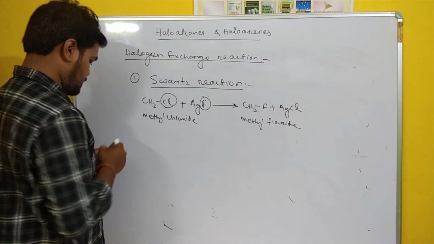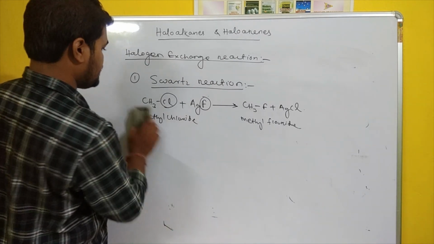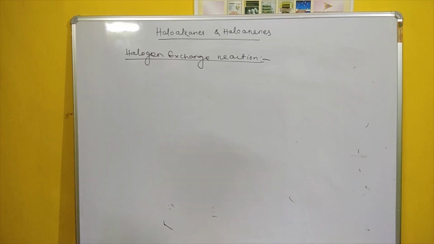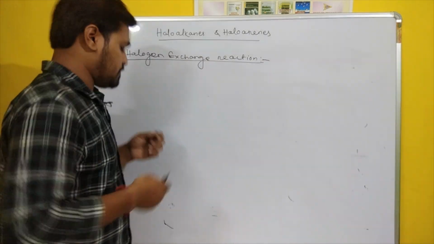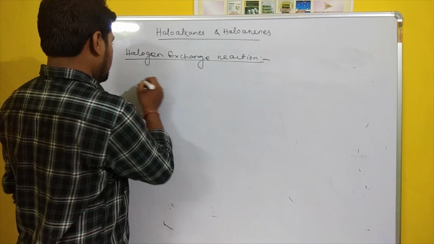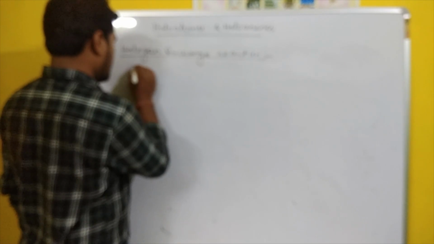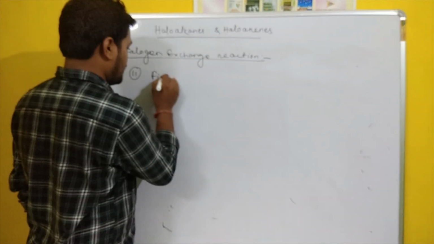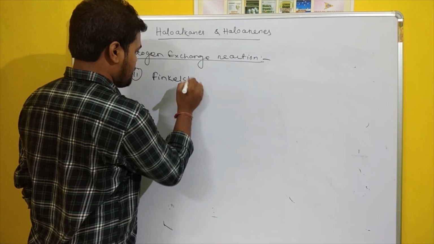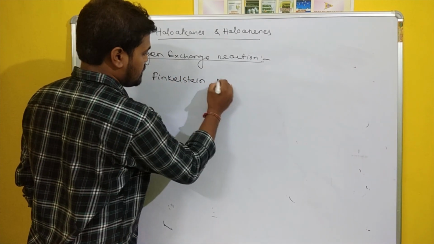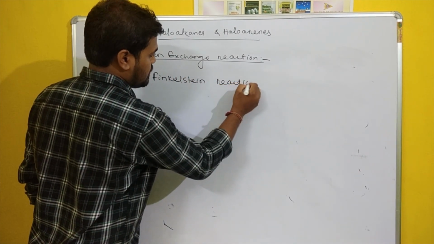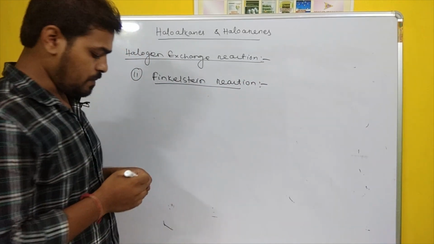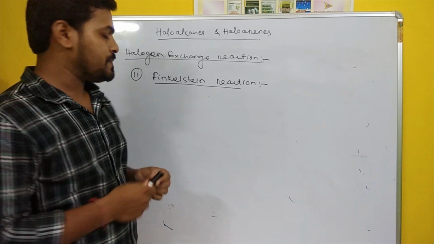Then is the Finkelstein reaction. The Finkelstein reaction is basically a preparation for alkyl iodide.